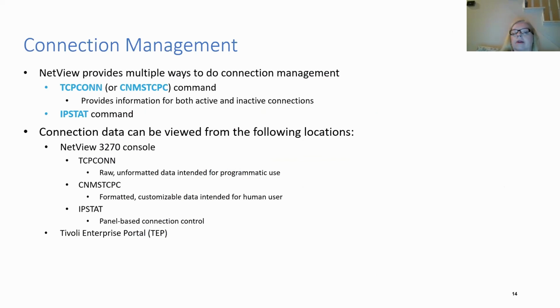So by customizing it, you can actually remove columns, you can rearrange the order of columns, however you want to see the actual data. And then we also have the IPSTAT command, which is a panel-based connection control. So you can view the connection data from the NetView 3270 console or the Tivoli Enterprise Portal.